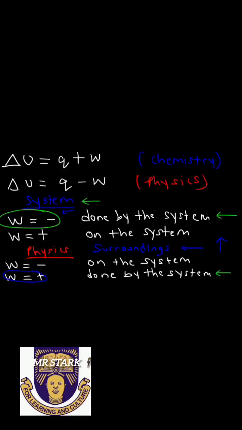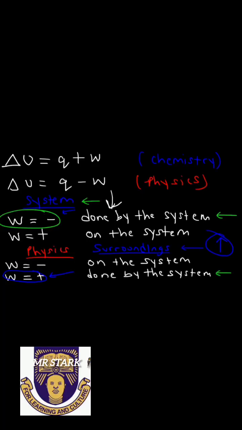And so it's the viewpoint, and that's why the equations are a bit different. In chemistry, we take the viewpoint of the system, but in physics, we take the viewpoint of the surroundings. So when work is done by the system, it loses energy and the surroundings gain energy. If you're focused on the surroundings, then W is positive because the energy of the surroundings goes up. If you focus on the system, it loses energy when work is done by the system, and so W is negative.